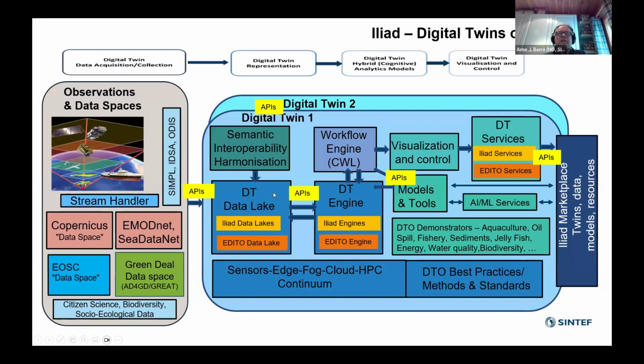So the data lake is where the data has been extracted from a lot of sources. We talk about multi-petabytes of data here, and what you need for a particular twin is a subset of that. So we need this extraction and the semantic interoperability harmonization technologies that will help to do the extraction, which will also help with the semantic interoperability using information models and ontology mappings.